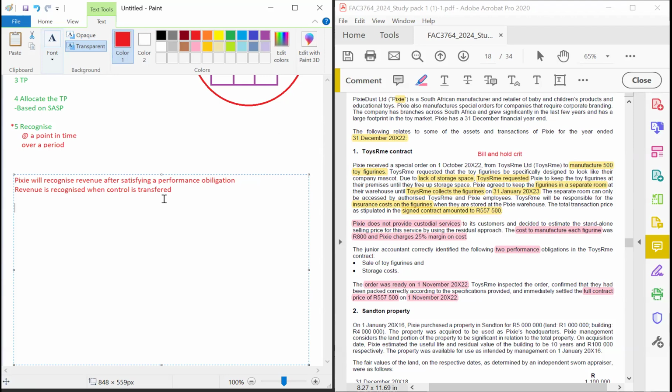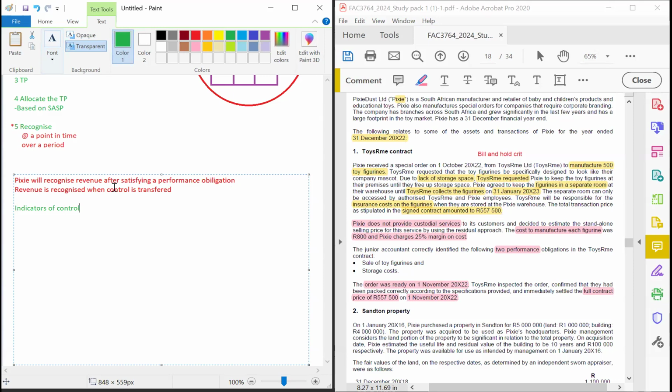So now, something that you need to note, understand, or memorize is the indicators of control, right? These are very crucial. Why do I say that? Because revenue is recognized when the control is transferred. How do you know when control is transferred?